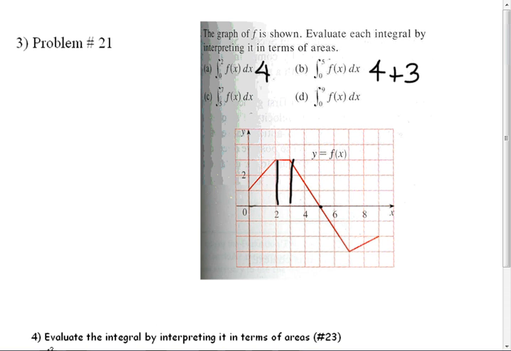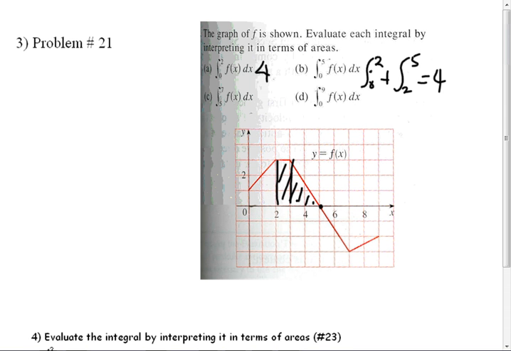There's 5. Oh, wait, I did this wrong. Okay, 0 to 5 was what? It's 0 to 2 plus 2 to 5. So that's 4. And 2 to 5 is all of this. So it's 1, 2, 3, 4.